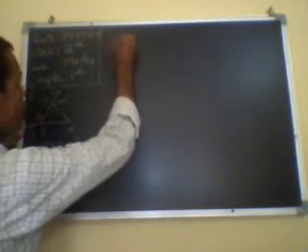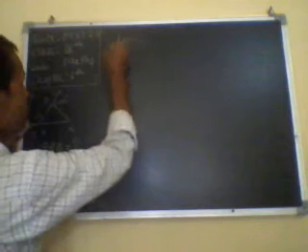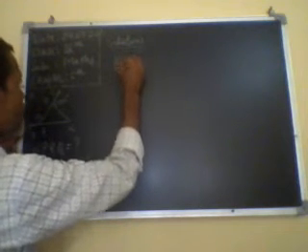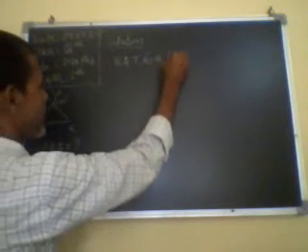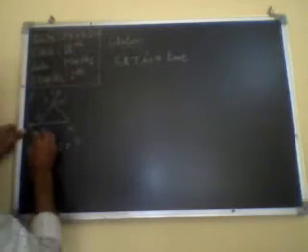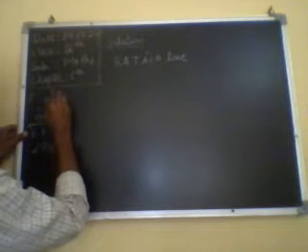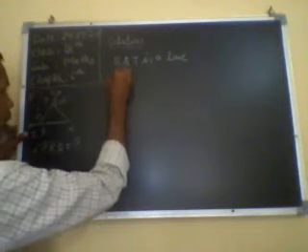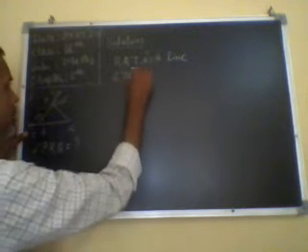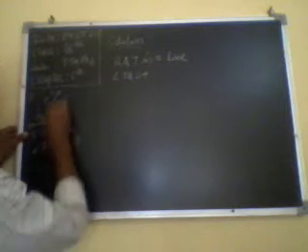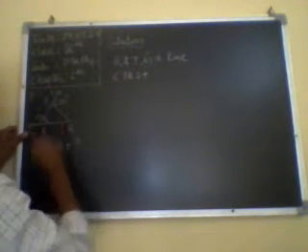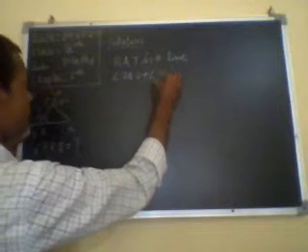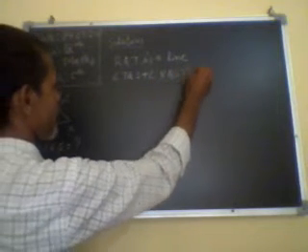Now, RQT is a line. So, solution. RQT is a line. Therefore, angle TQS plus angle RQS, let this angle RQS be angle 1, is 180 degrees.